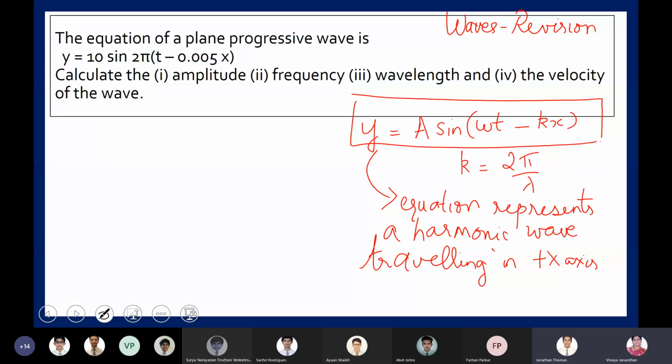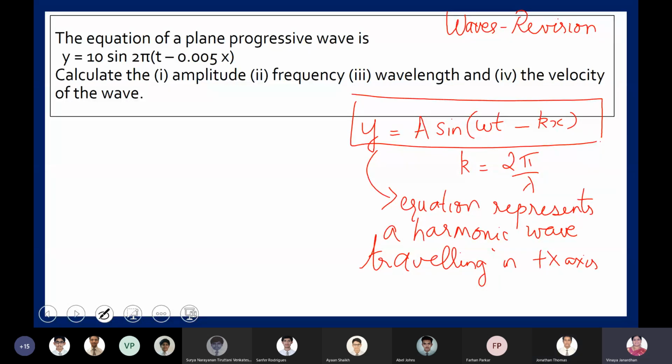If kx is positive, then the wave is traveling along the negative x-axis. Here kx is negative, which tells you that the wave is traveling along the positive x-axis. Only that much you should know, boys.